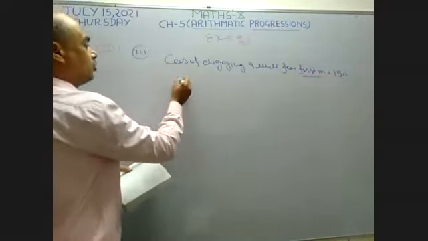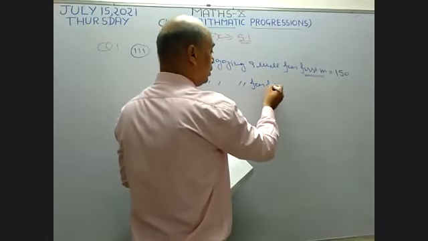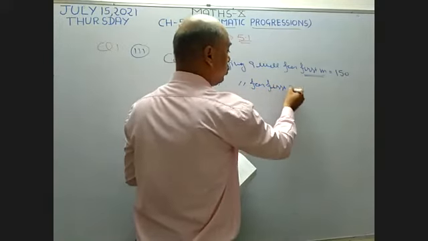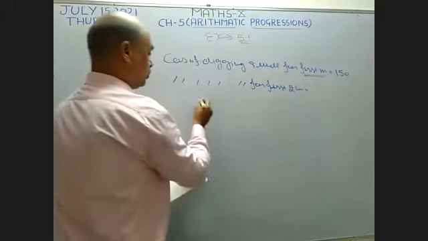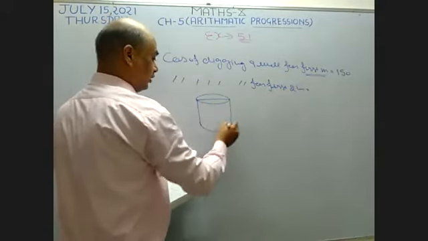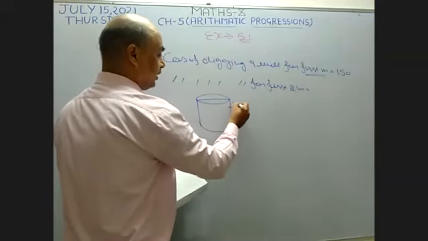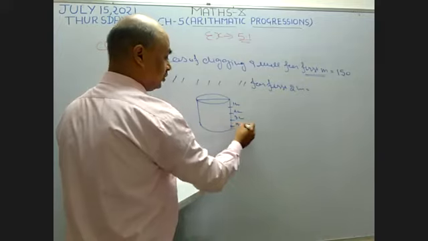Now I write here the cost of digging a well for the first 2 meters. I want to dig the well 2 meters. So this is the well. We have to construct a well. This is 1 meter, this represents 2 meters, this represents 3 meters, and this represents 4 meters.